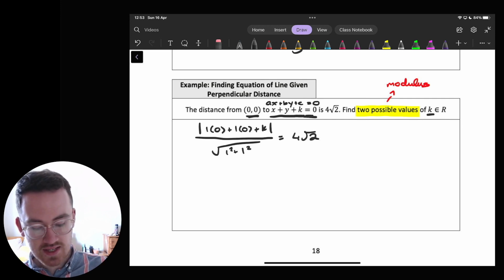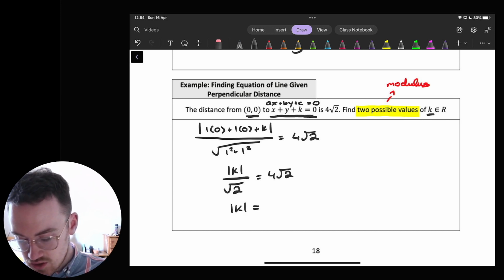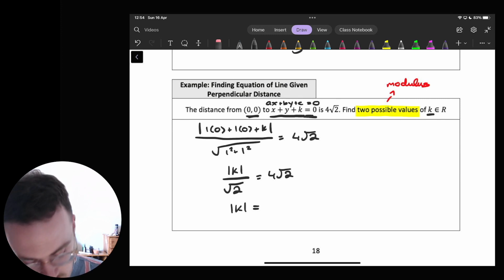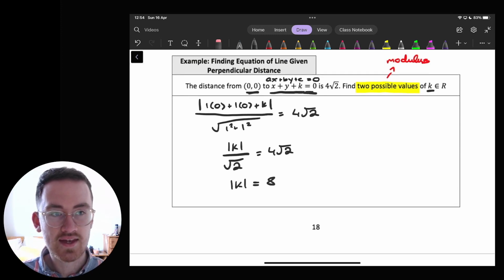Let's tidy up the left hand side. I get the absolute value of k over the square root of 2 is equal to 4 root 2. I can multiply by that root 2 to get 8. So the absolute value of k is equal to 8.